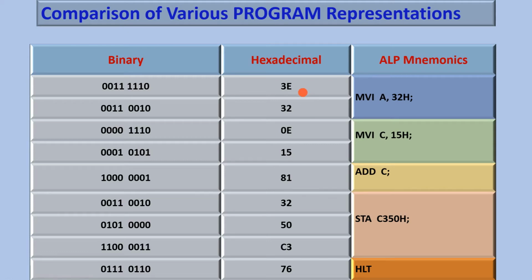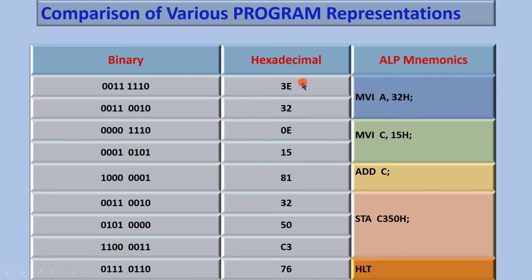You can use 16 characters here, and therefore these numbers are easy to read, and if you commit some mistake, it is very easy to locate. But still, a program written in hexadecimal cannot be understood by a common person. This is for a skilled engineer who can understand these hexadecimal numbers.